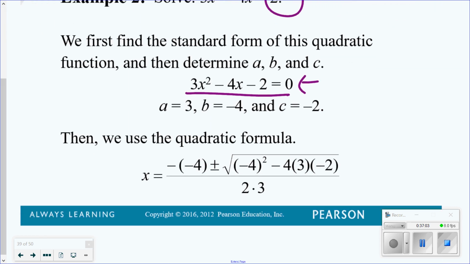So now that we have all that, we're going to put that all into the quadratic formula and get our answer. Remember, this plus or minus here means we are going to end up getting two answers. Let's change that, -4 would be a +4. So this is going to be 4 plus whatever this number is divided by 6, and then 4 minus whatever this number is divided by 6.